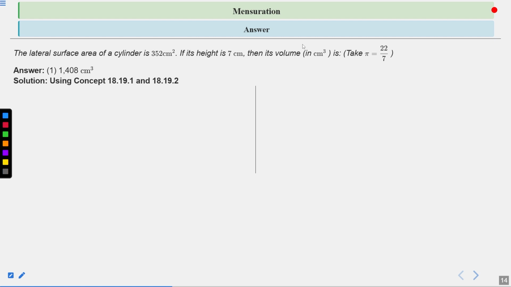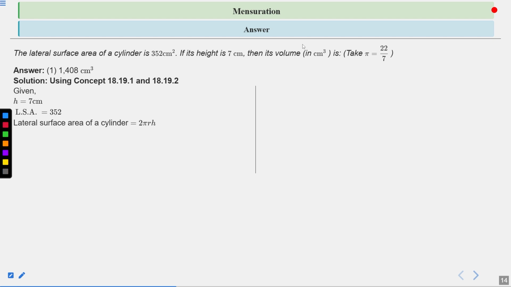Now see the detailed solution using concept 18.19.1 and 18.19.2. Given that h equals 7 centimeter, and the lateral surface area, or we can say the curved surface area, is 352 square centimeter. We know the formula of the lateral surface area of a cylinder is 2 pi rh.